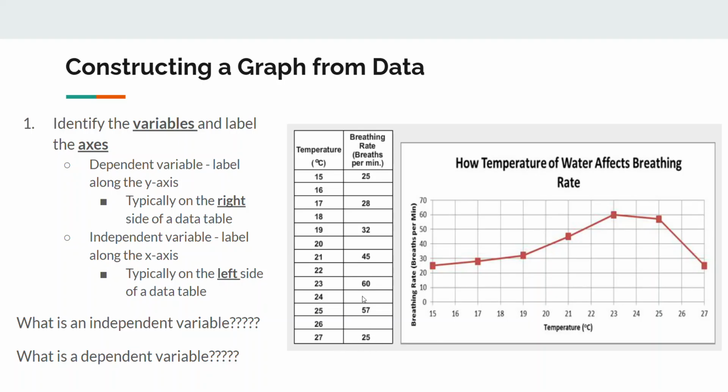Our highest is here. It's 60. So you can see that on the y-axis, it goes all the way up to 70, which is fine. Again, it's okay if you want to go 5 or 10 above the highest number, just to show that on the graph. Now, what type of graph is this? It is a line graph, okay?